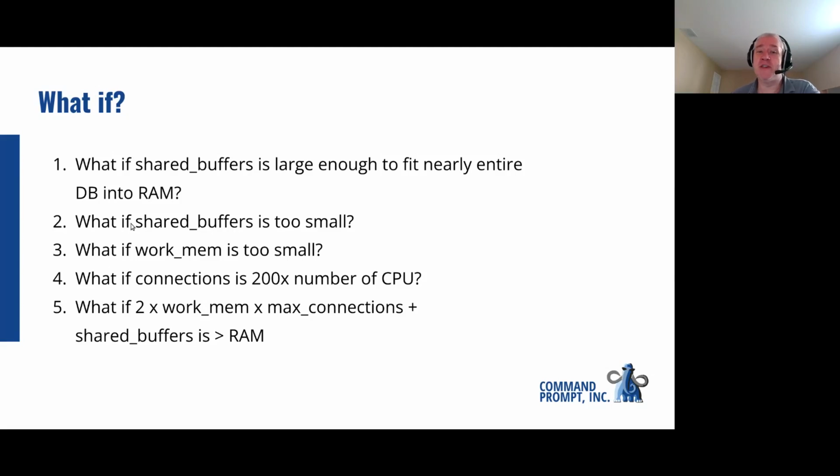So what if shared buffers is too small? That's option number 2. What happens is that almost every read request, or a large portion of the read requests, ends up needing to get data from the OS file cache, which requires a system call, which is serialized at the kernel, but regardless, it's slower.